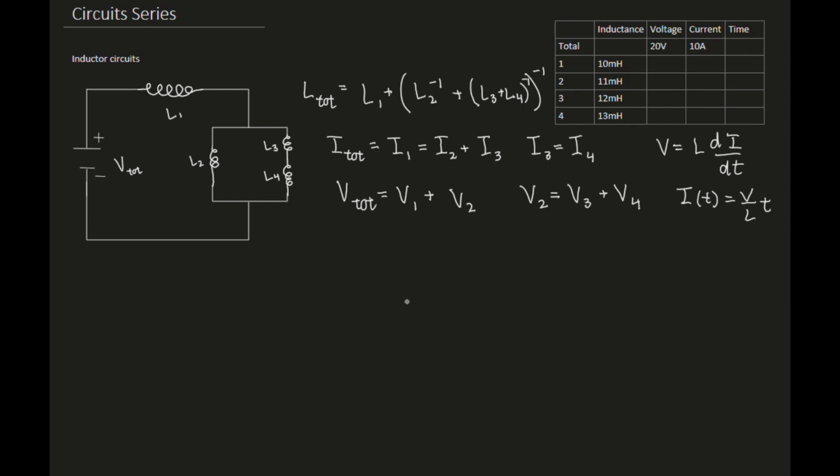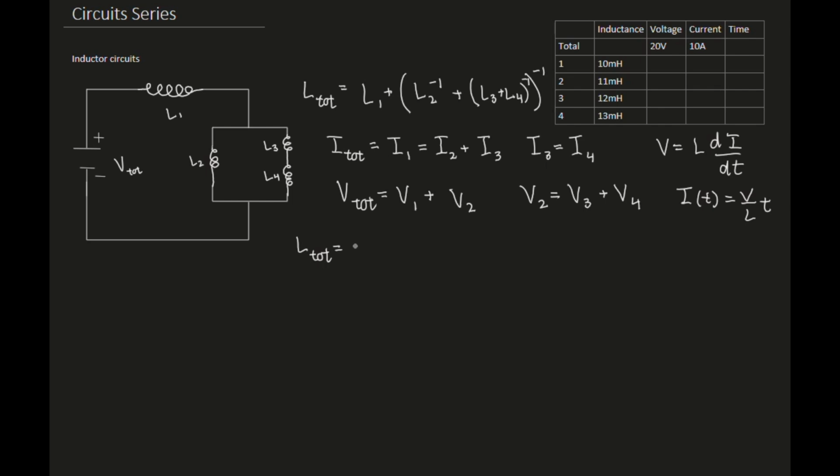So let's start by finding our total inductance, and then we can calculate the amount of time it's going to take for the current to charge over this entire circuit. L total is equal to L1. When I'm looking for equivalent inductance, I don't need to convert to Henry. I can keep them in millihenry.